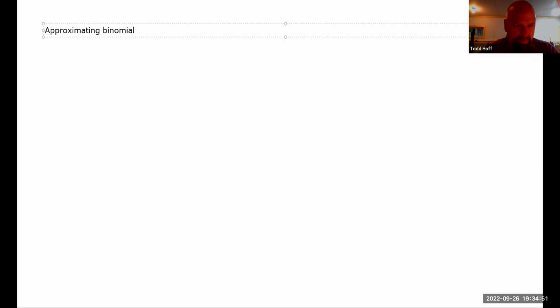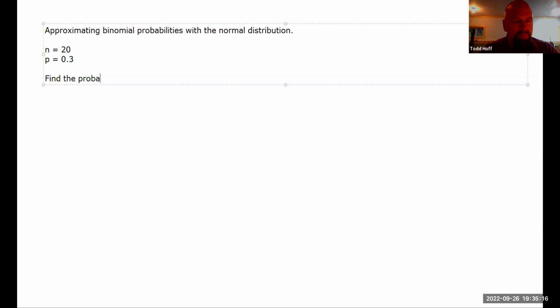So we're going to approximate binomial probabilities with the normal distribution. So let's do little n equals 20 and p equals 0.3. Find the probability that x is less than or equal to 10.